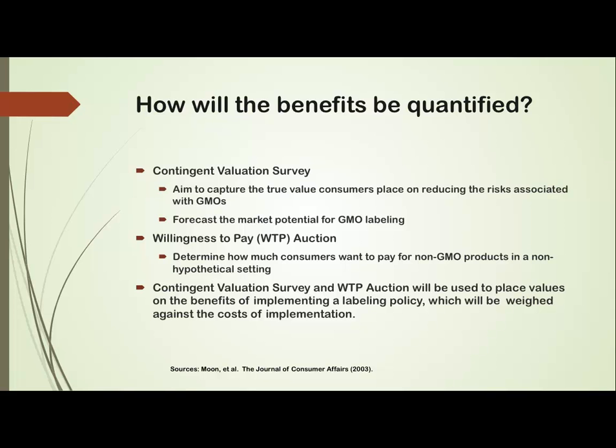Willingness to pay auctions will have the same goals as the surveys, but will provide the participants with non-hypothetical situations. Using both the surveys and the auctions, I can best account for any biases created by the nature of either experiment. The survey and auction will be used to place the values on benefits of implementing a labeling policy, which will be weighed against the cost of implementation.